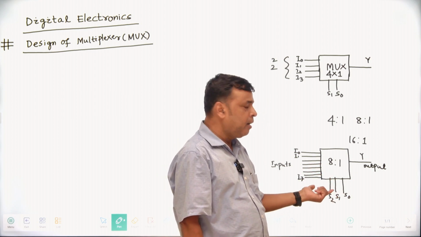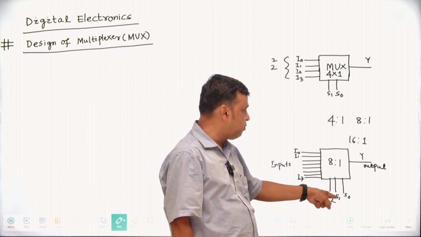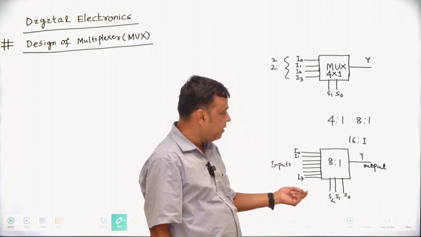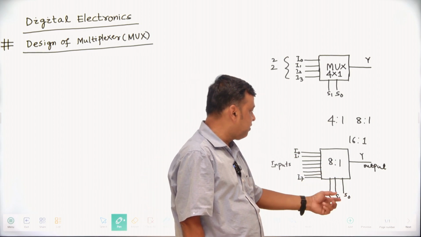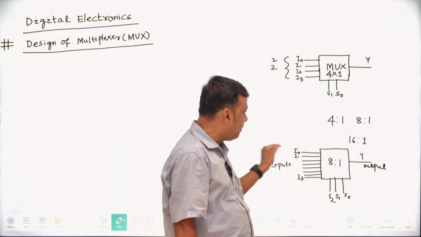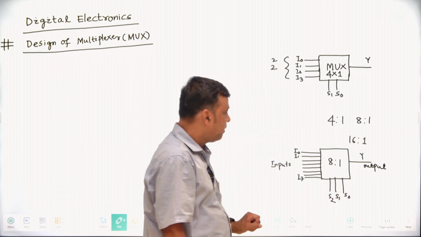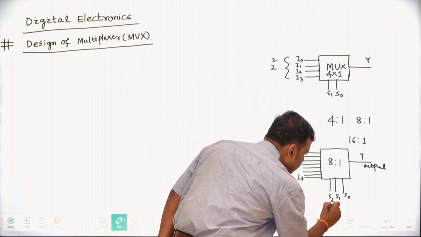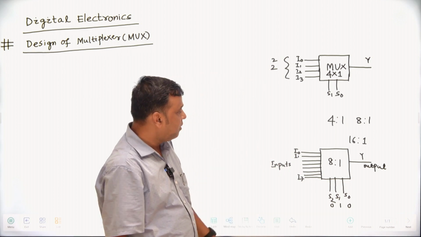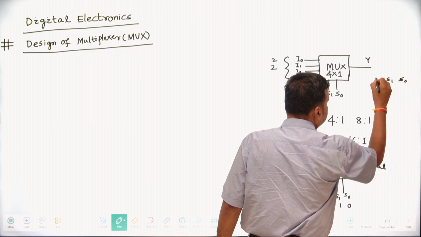You may give other names; I have written S0, S1, S2, but you may write A, B, C, or X, Y, Z, whatever it may be. According to the selector lines, the selector selects one input line, and in that input line you will get the output. Suppose 0, 1, 0: this is your S0, this is your S1, and this is your S2.